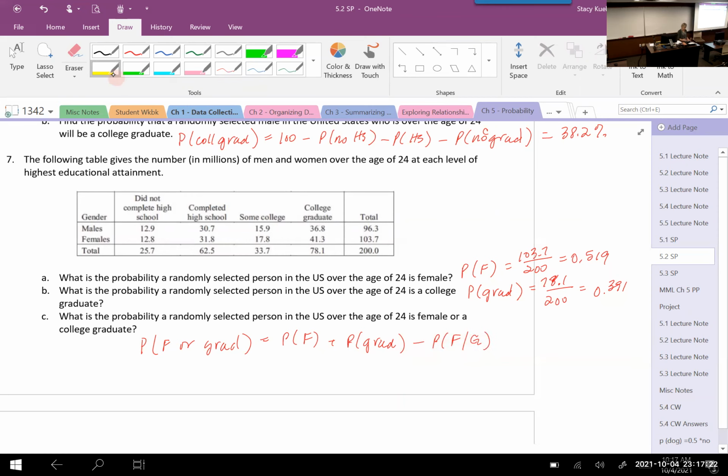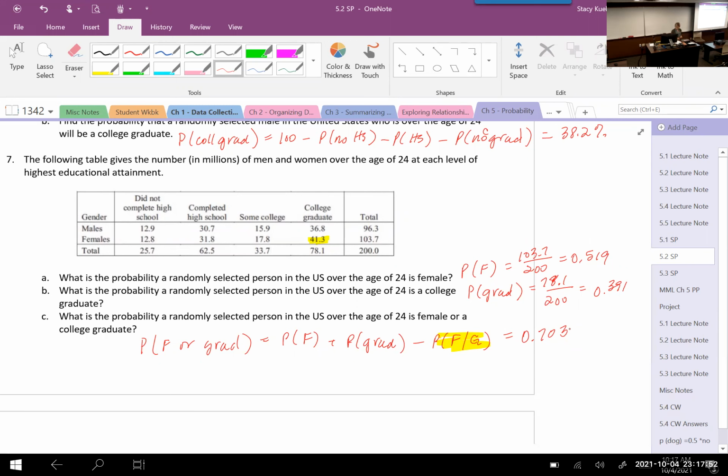Right, the probability of a female and a graduate was 41.3 over 200, correct? All right. So the total value you get right here would be what, everybody? Good, 0.703. Could you add those probabilities together and subtract off what was in common?